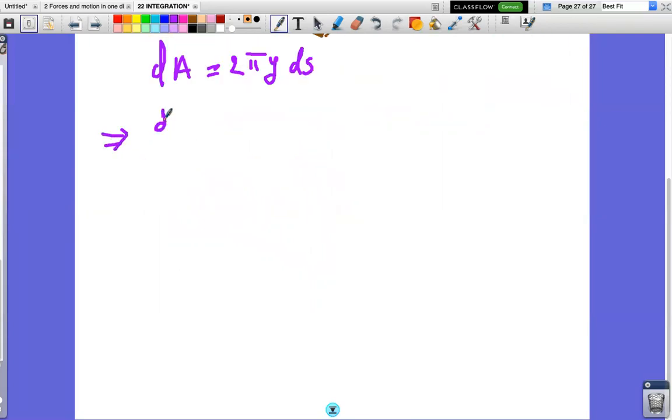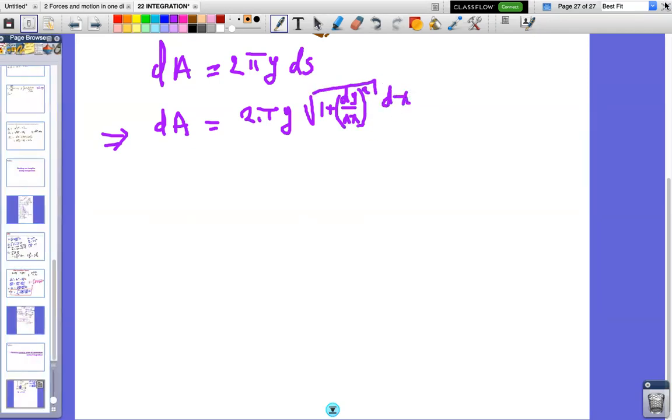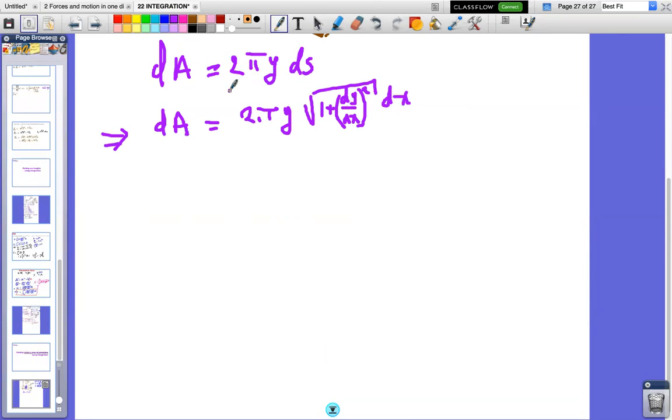That will give us dA equals 2 pi y, where ds is the square root of 1 plus (dy on dx) squared, dx. We can now integrate to find the whole area.